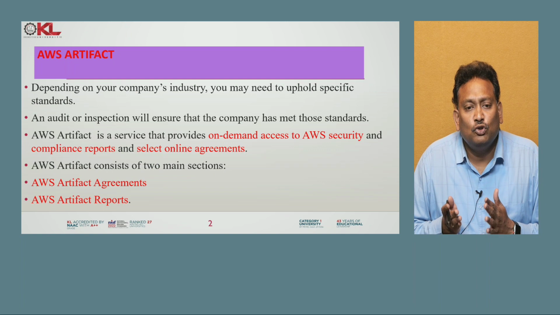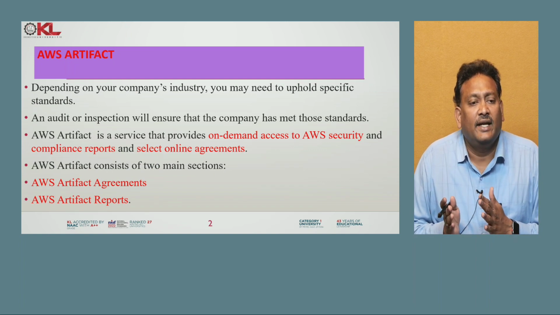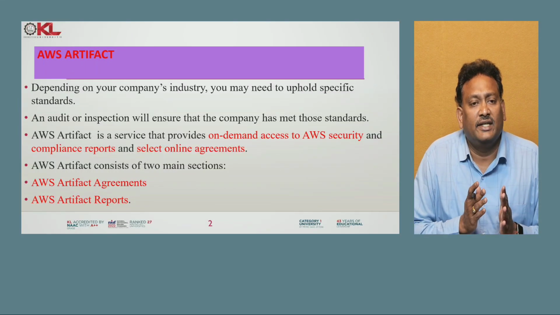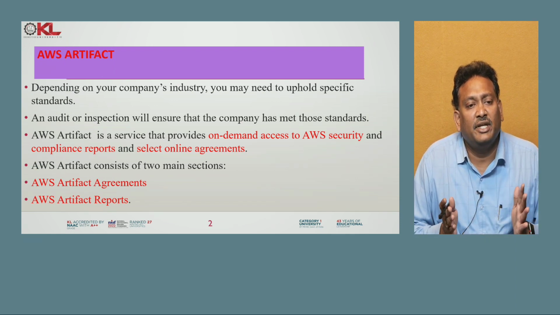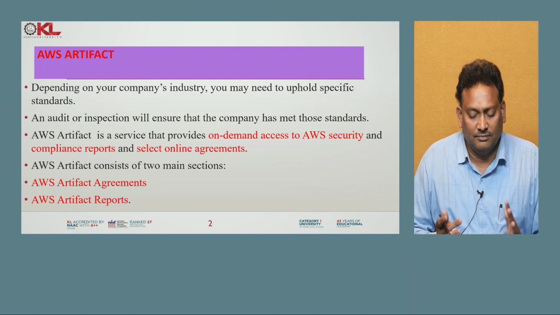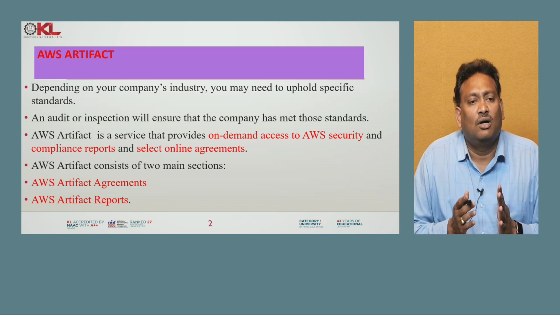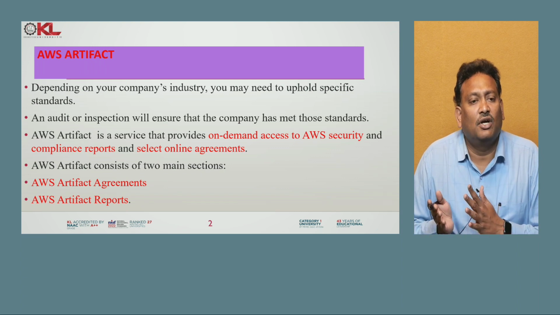It consists of two main sections: AWS Artifact Agreements and AWS Artifact Reports. For example, if you want to know about the entire organization's rules and regulations, you can simply use the AWS Artifact service to know about the policies of the organization. Compliance means we have to accept the rules given by the central authority of the organization.